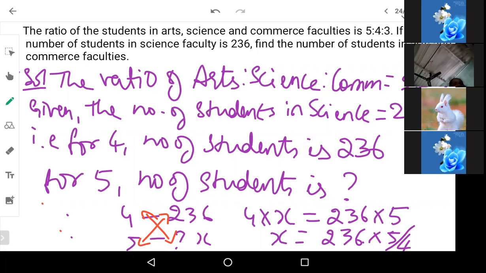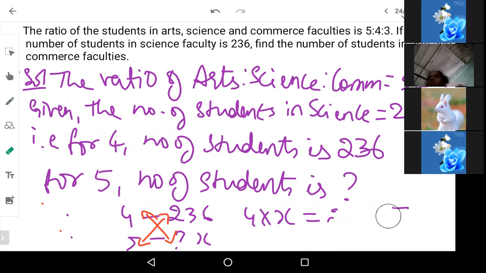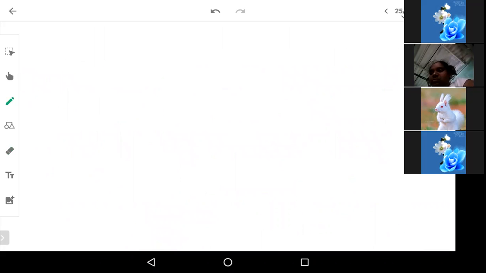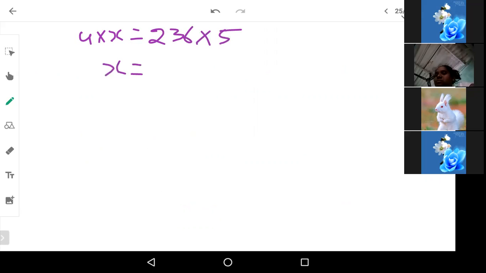Let us go to the next page and solve this in a very clear manner. 4 into x is equal to 236 into 5. So x is equal to 236 into 5 by 4.